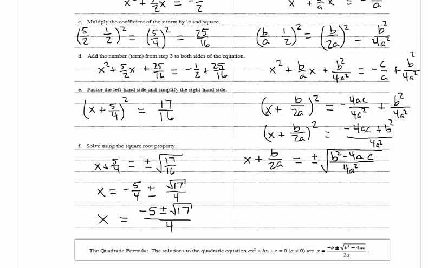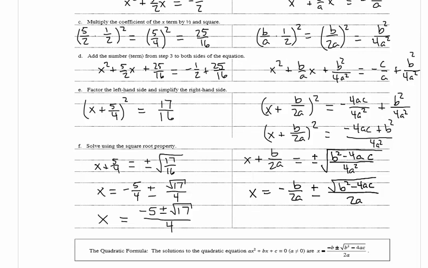And now we're going to subtract b over 2a from both sides. So I have x is equal to negative b over 2a plus or minus, and now the square root of b squared minus 4ac divided by 4a squared can be rewritten as the square root of b squared minus 4ac divided by 2a.